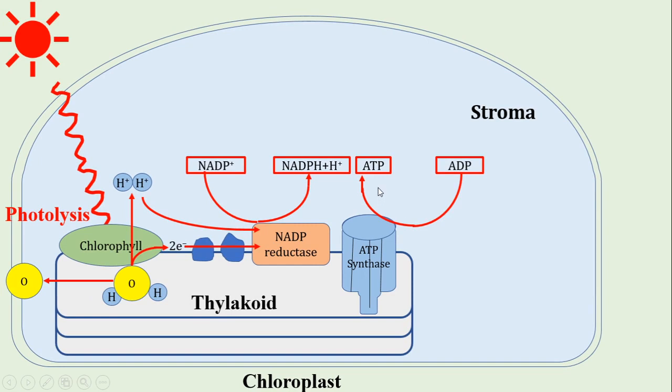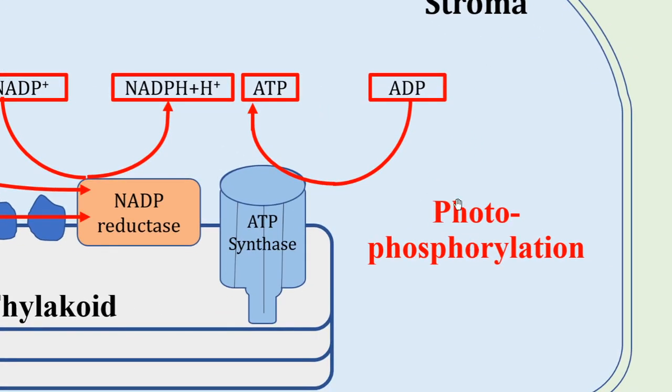And this process of production of adenosine triphosphate is called photophosphorylation. From the name we can understand that photo means light and phosphorylation means adding a phosphate group to adenosine diphosphate. That means we understand what is called photophosphorylation.